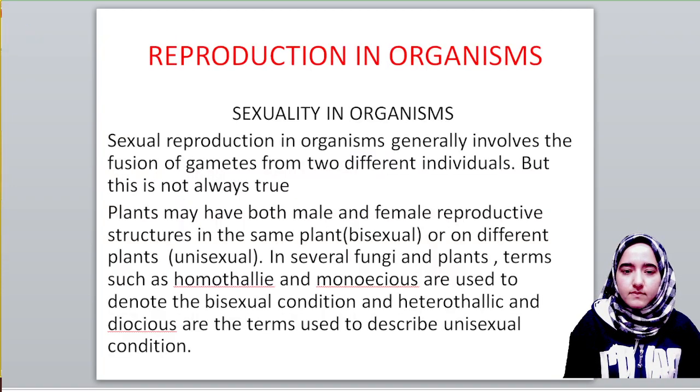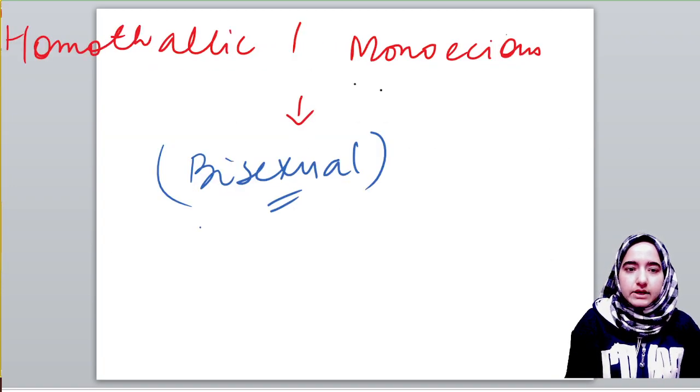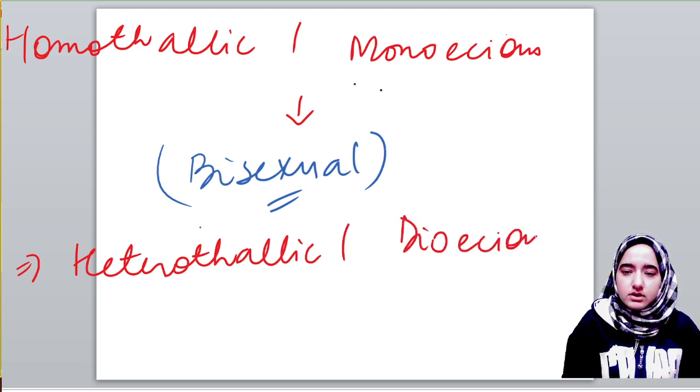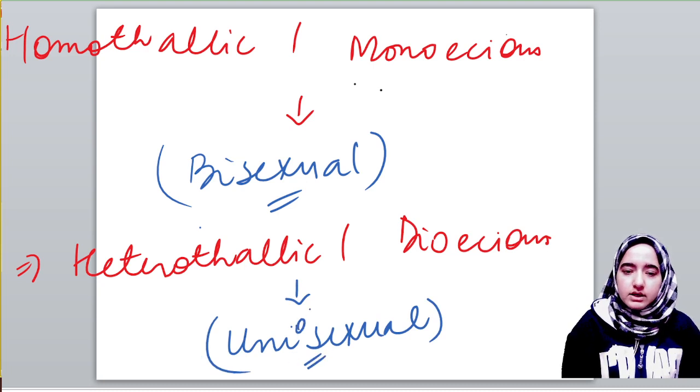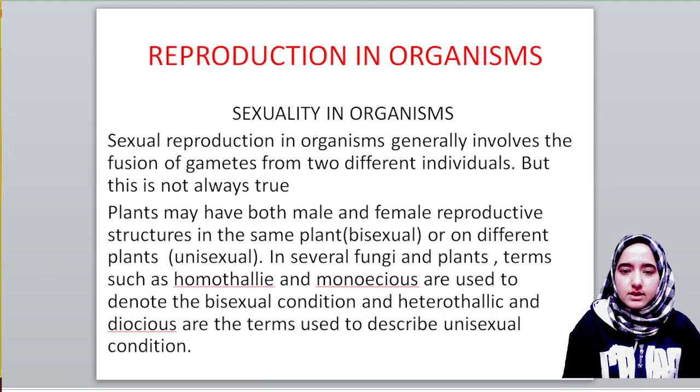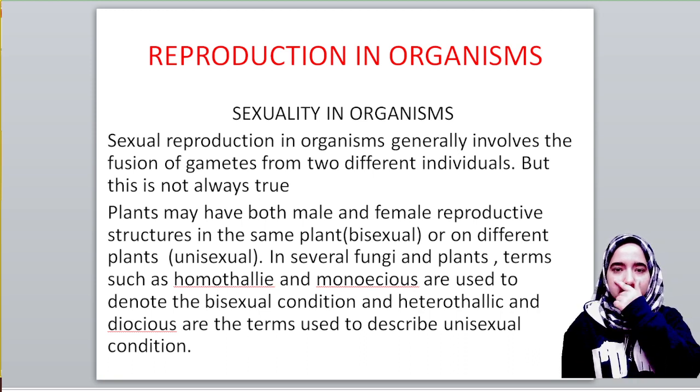And to represent the unisexual condition, we say heterothallic or dioecious, which means that the male reproductive structure and female reproductive structure are in two different organisms of fungi. I hope this concept is crystal clear: what is meant by bisexual, unisexual, monoecious, and dioecious.